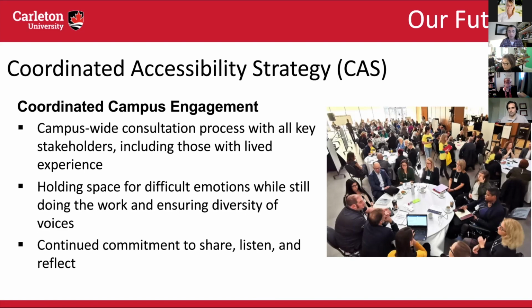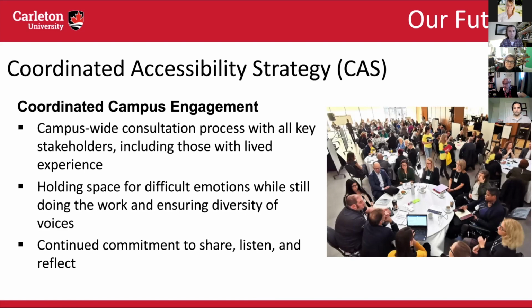We collected feedback in many different formats. We ended up with about 100 pages of word-to-word feedback from the members of the community. And this truly covered the Carleton community, obviously students and staff and faculty, but also academic administrative units, labor unions, student government.